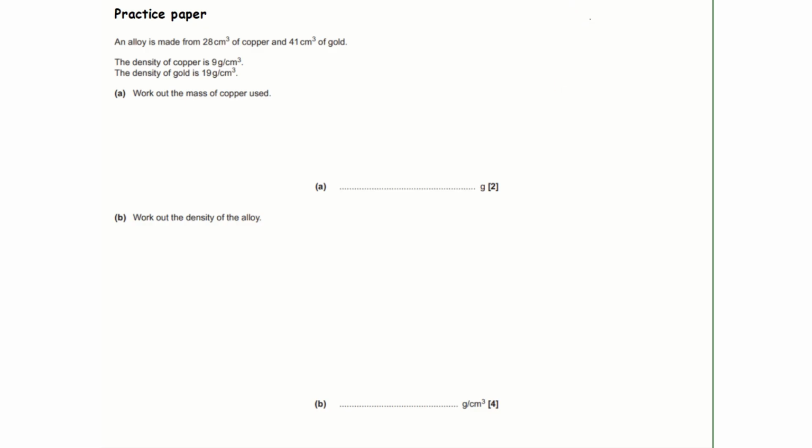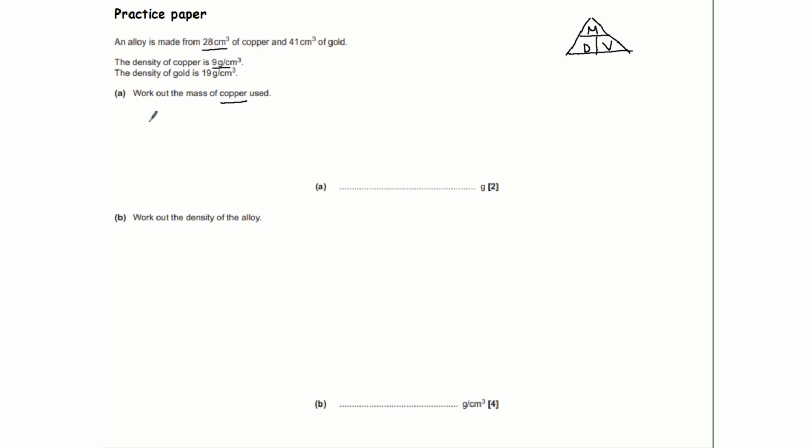So again, before I do anything else, I'm just going to draw my triangle so I know I don't make a mistake. So I've got mass, got density, and I have got volume. I'm interested in this one in just copper. So the information I've got about copper is 28 centimetres cubed of copper, and I know its density is 9 grams per centimetre cubed.